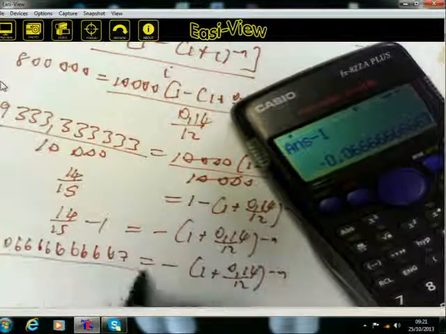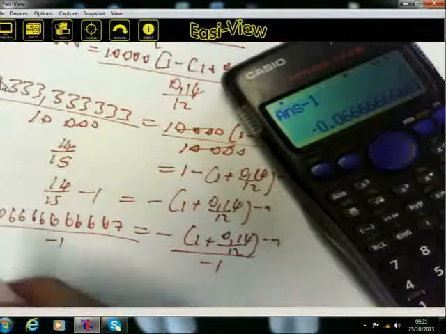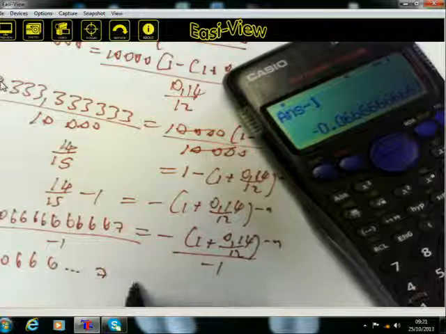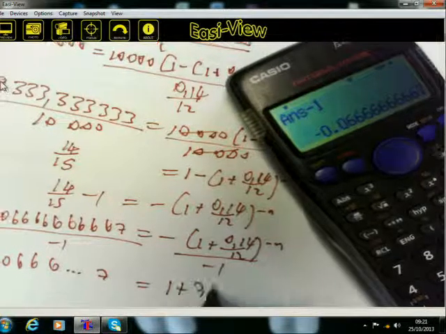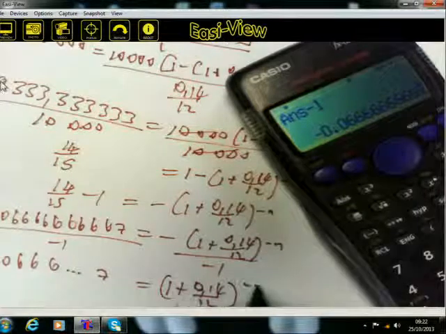From here you divide by negative 1 on both sides, and 0.0666...7 is equal to (1 plus 0.14 divided by 12) to the power of negative n.